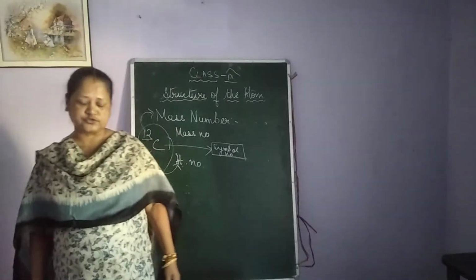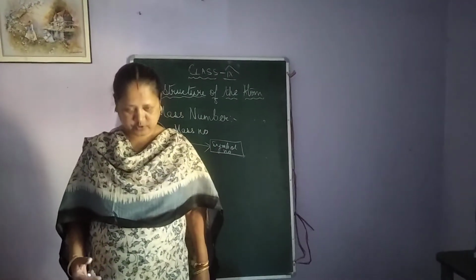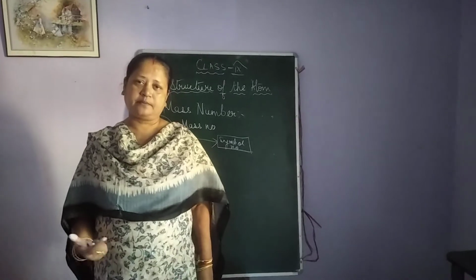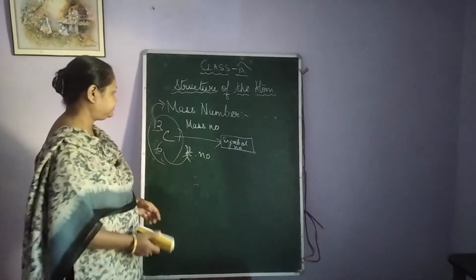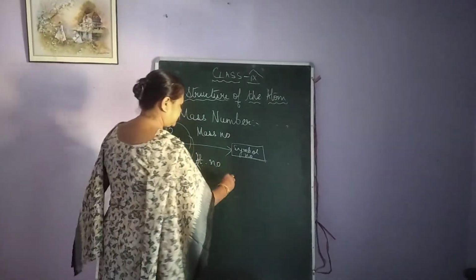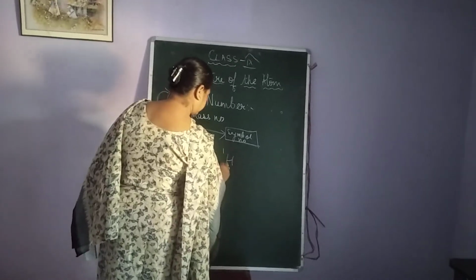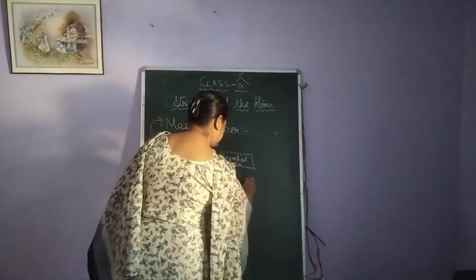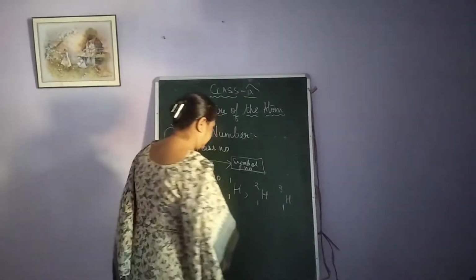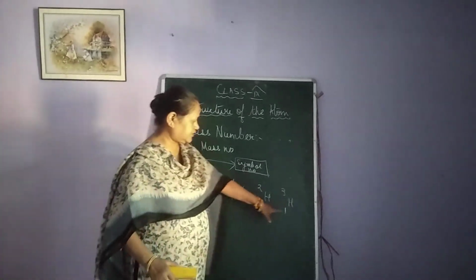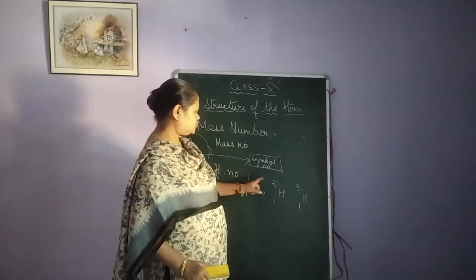So what are isotopes? We have some atoms which have the same atomic number, but their mass number is different. When we are talking about hydrogen, we write it as 1H1, then 2H1 and 3H1. Here you see that the atomic number is the same, but the mass number is different, that is 1, 2 and 3.